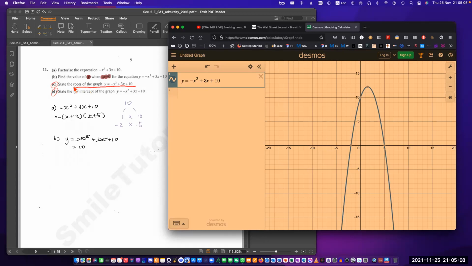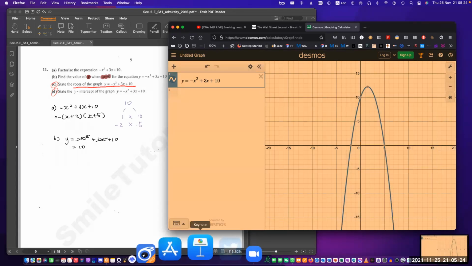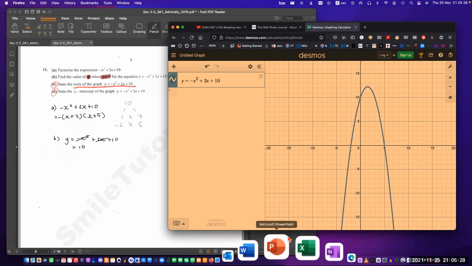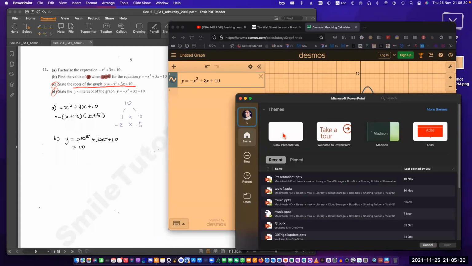But over here they ask you to state the roots of the graph, so what it means is you are going to find out what the roots are. Let me just get this into a PowerPoint so it's easier for us to take notes.